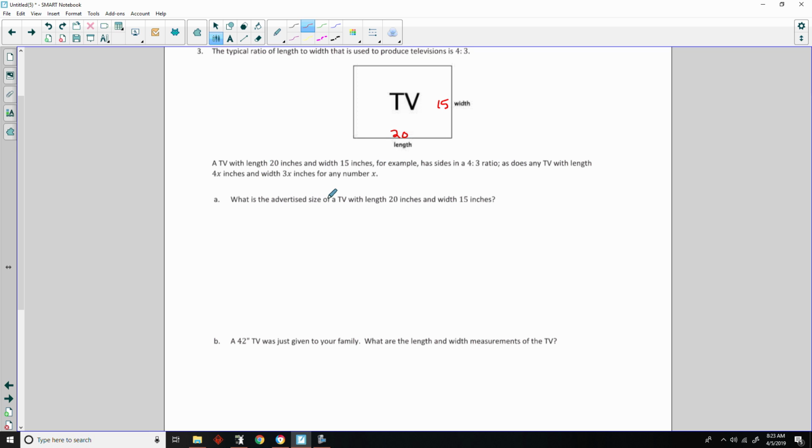What is the advertised size of a TV with length 20 and a width of 15? So we're going to let C be the length of the diagonal.